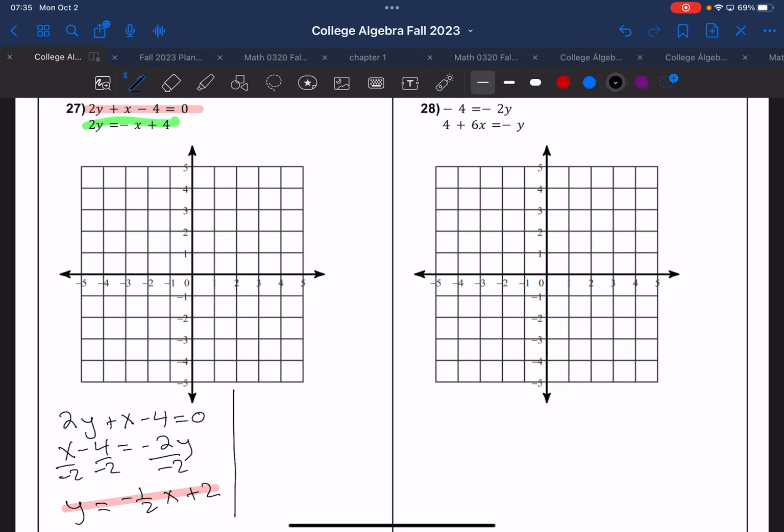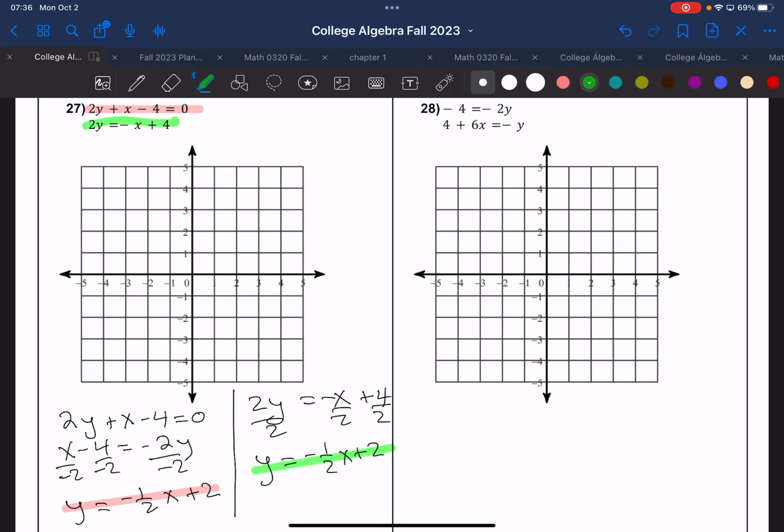Then I have 2y equals negative x plus 4. What would I do to get y by itself? Divide by 2. So I have y is equal to negative 1/2 x plus 2. This tells you right away that this is what?